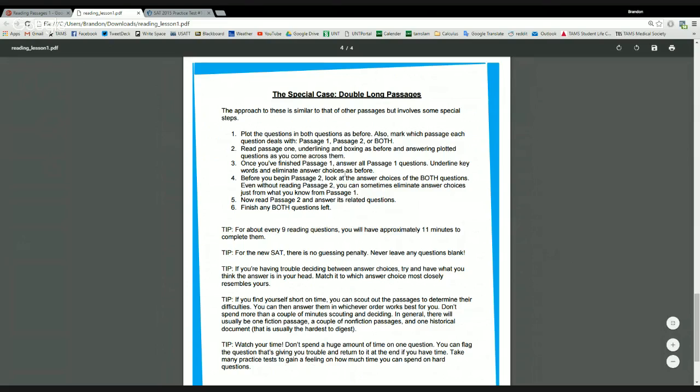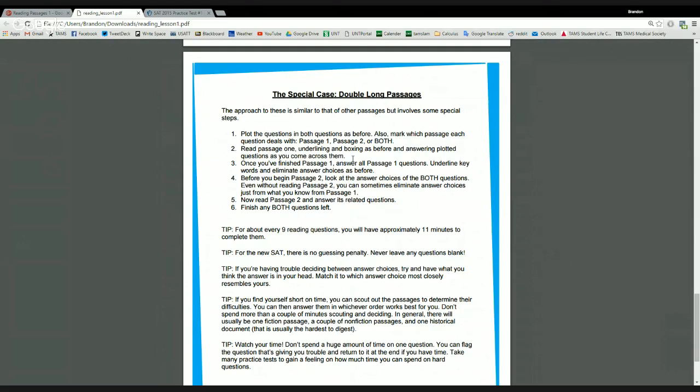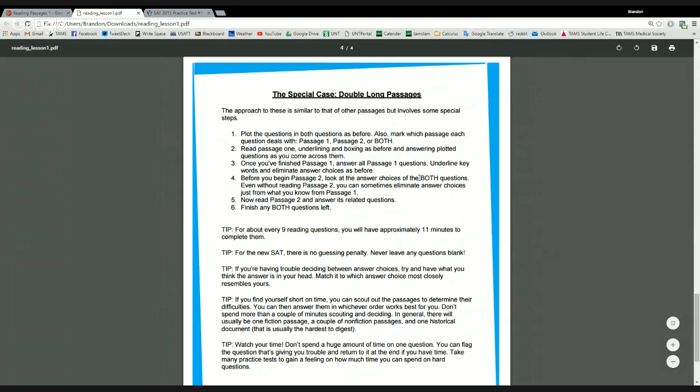After you've marked out a few answer choices, or even answered a few of the both questions based on just one passage, you want to go and read passage 2. Then look at the questions marked 2 and answer them accordingly. After that, you would move on to the both questions and complete this section.